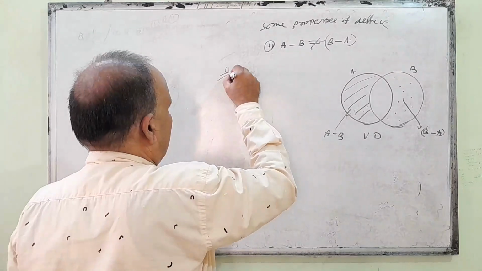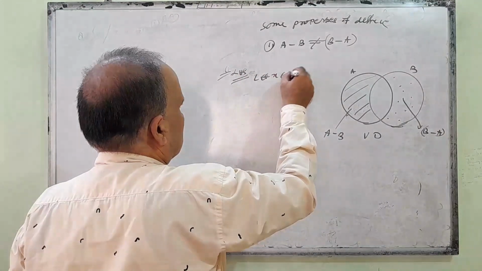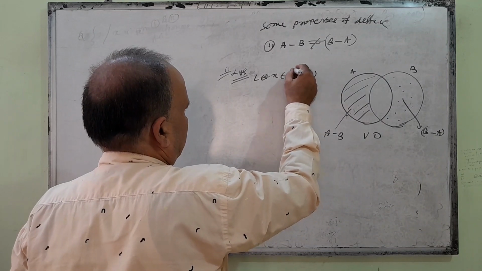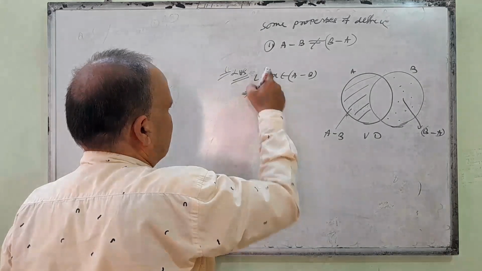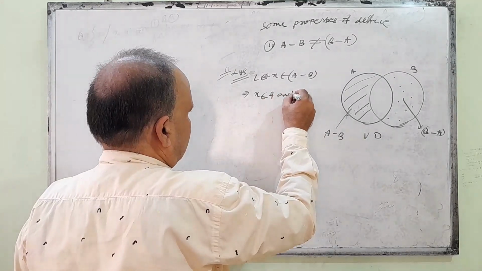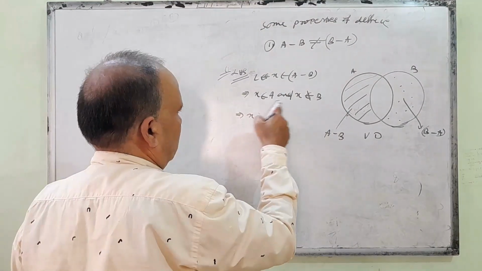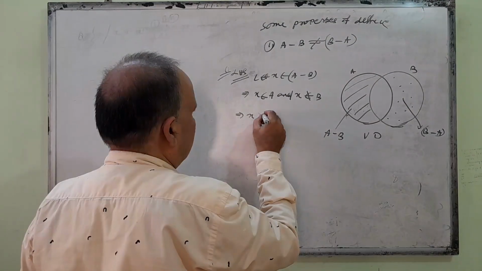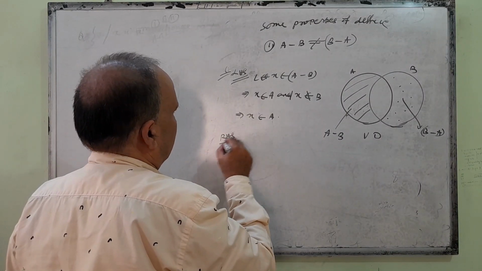Proof. From the left hand side, let x belong to A minus B. This implies that x belongs to A and x does not belong to B. From the definition, this means only x belongs to A. Then you come to the right hand side.